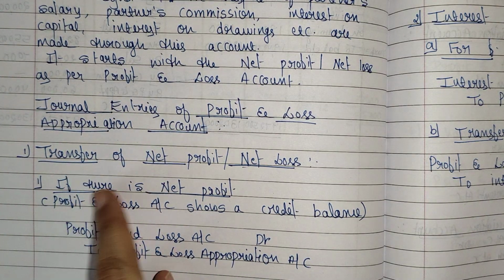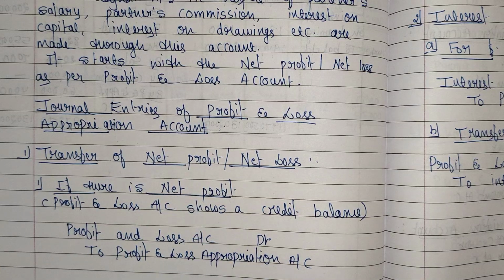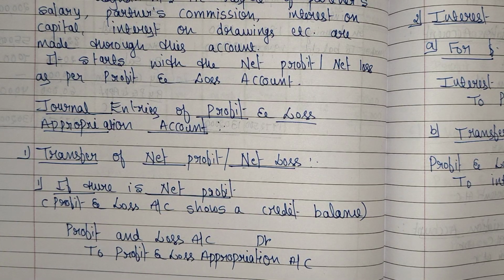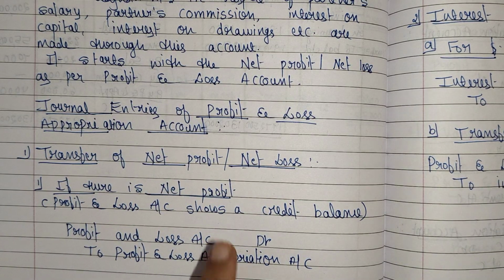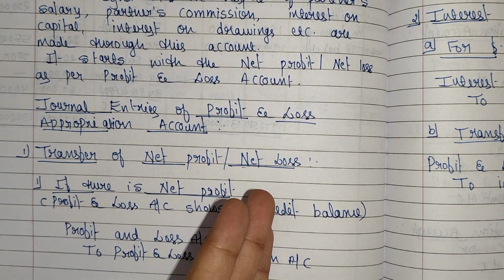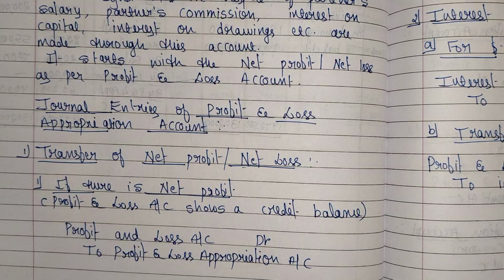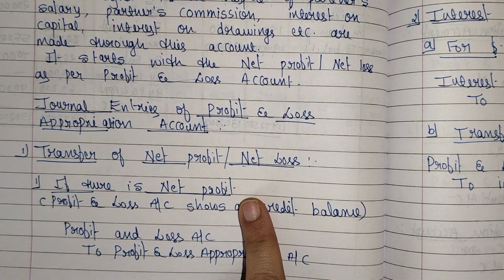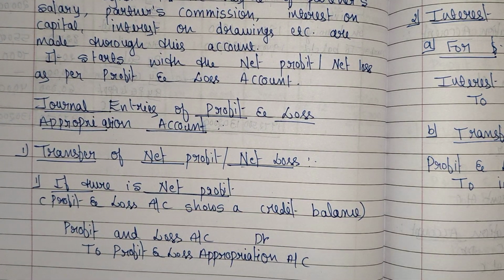Clear? First one, if there is net profit, it means the profit earned by the business is transferred for distribution among the partners. If there is net profit, the profit and loss account shows a credit balance.